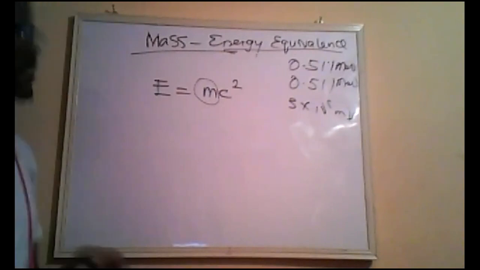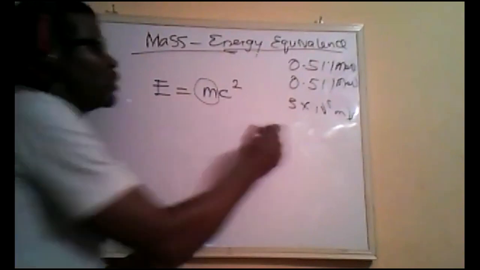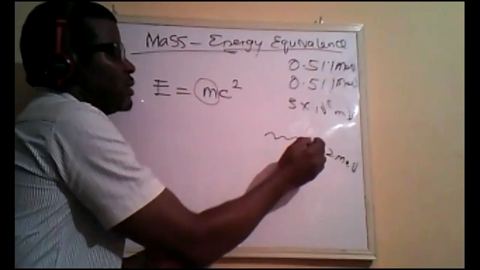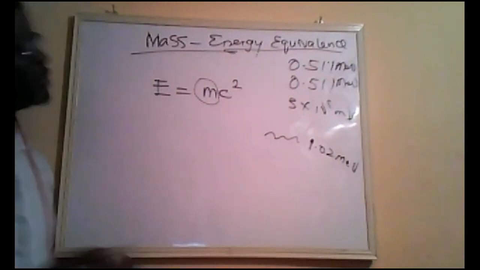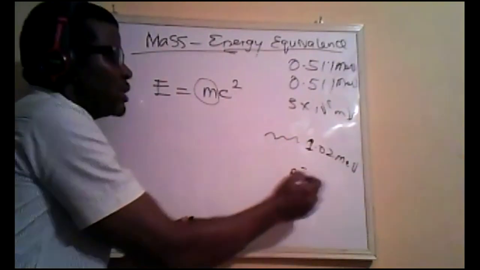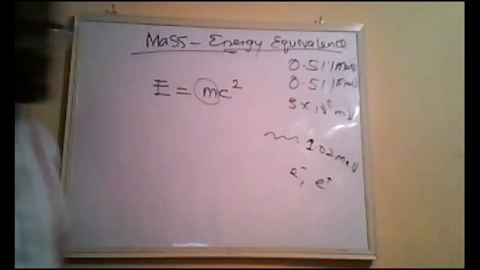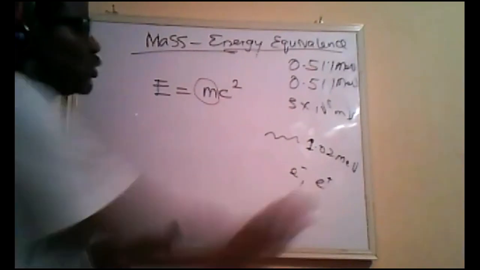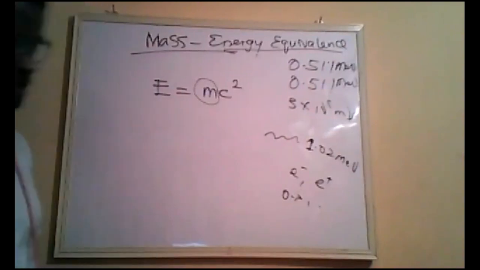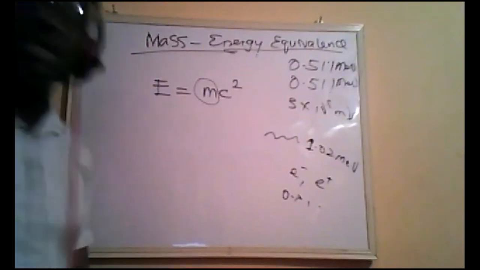Energy can be converted to matter: a photon with 1.02 mega electron volts can give rise to two particles, an electron and a positron, each with energy of 0.511 MeV. So mass energy equivalence is also very, very important.